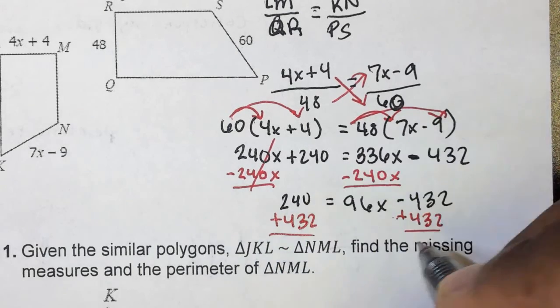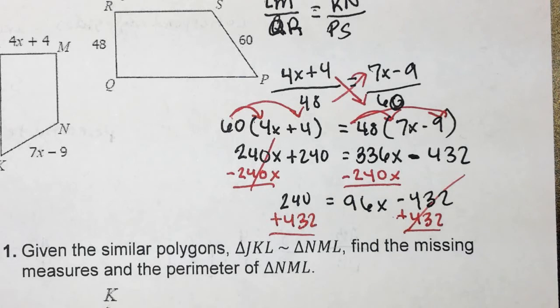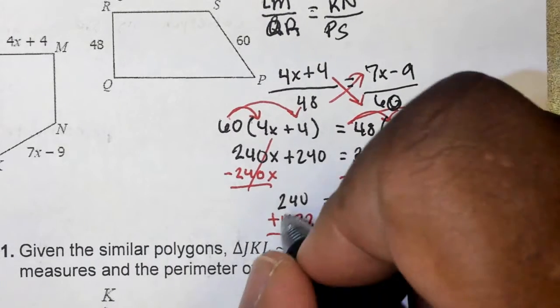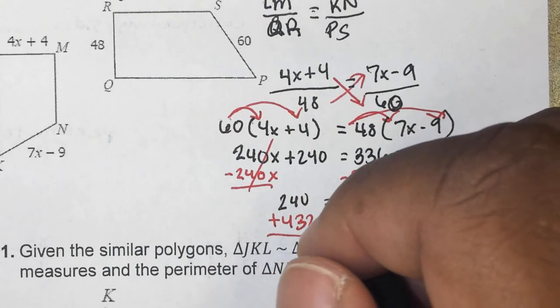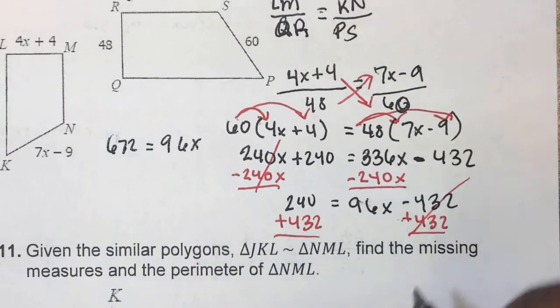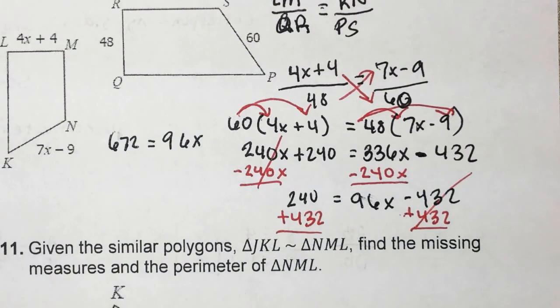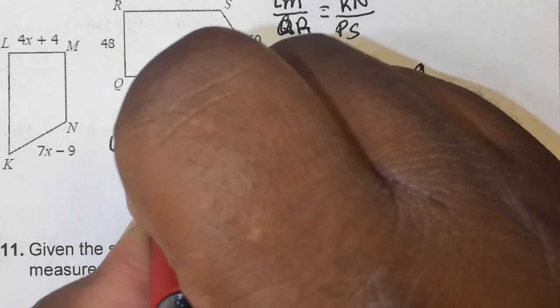I'm going to run out of space, so I'm going to have to move over. 240 plus 432 is 672. So move up here, y'all. 672 equals 96x. And then I'm going to divide by 96.